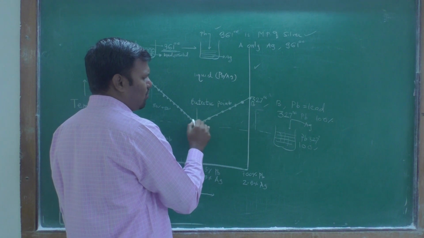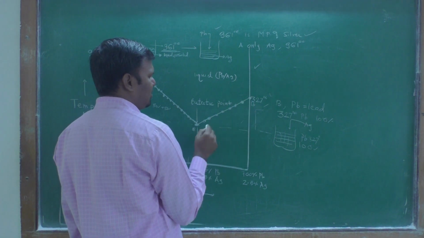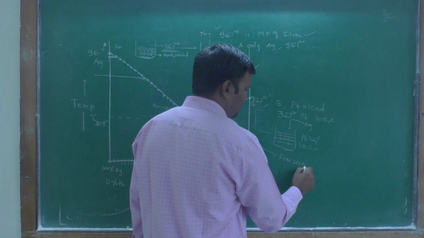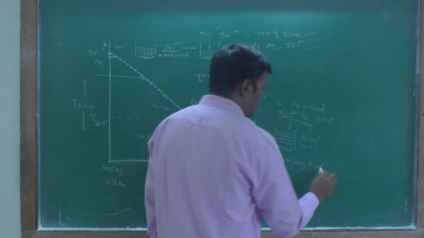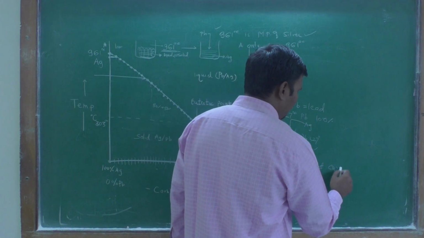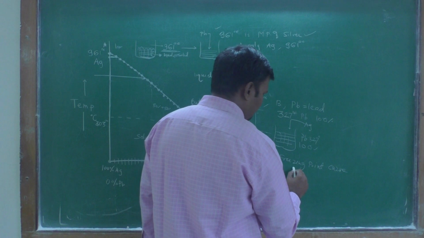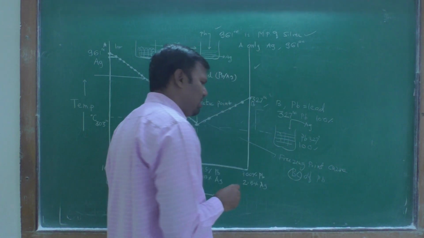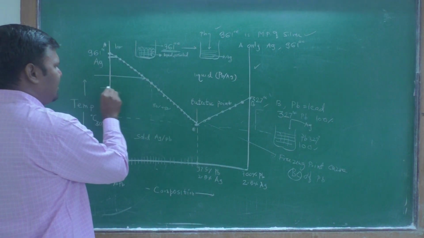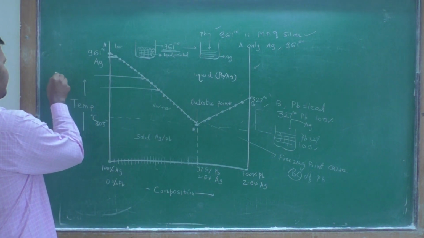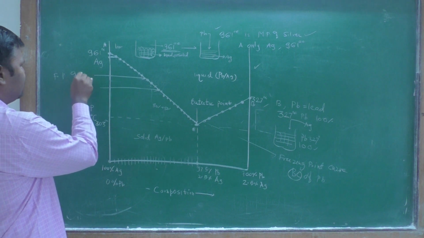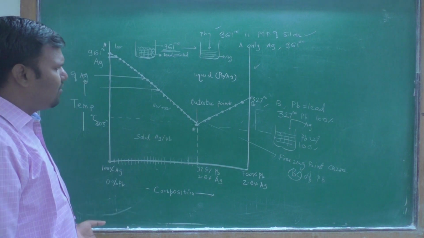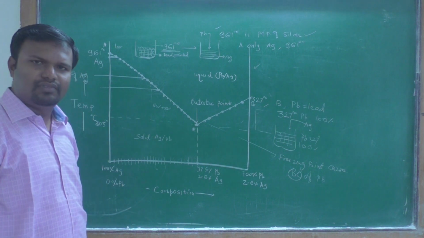BC is a freezing point curve, or melting point curve, of Pb, and this other curve is the freezing point curve of Ag, silver.